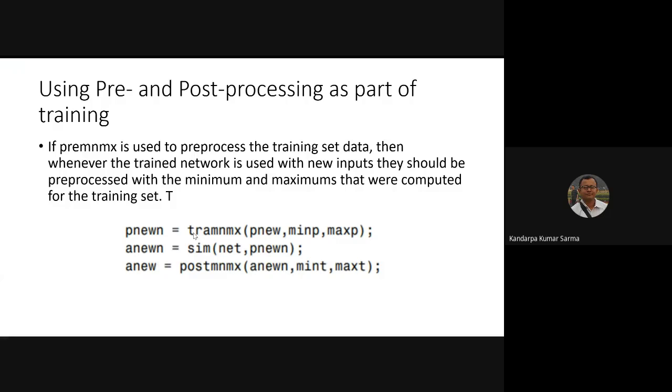There is one function here, trainmx, where p new, p min, and p max, both these values are given, and then the training will take place and the post processing will take place. So this will guarantee that both pre and post processing are done as part of the training. So the network will now take care of all the requirements of pre and post processing training.